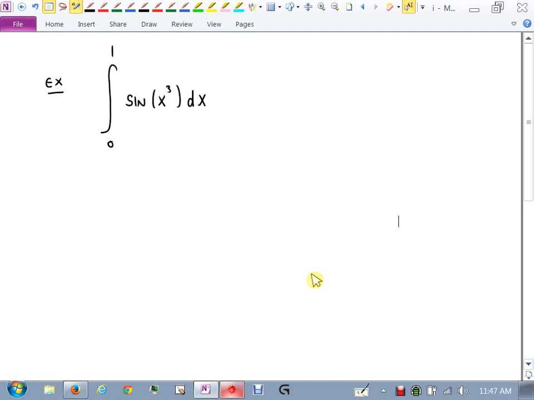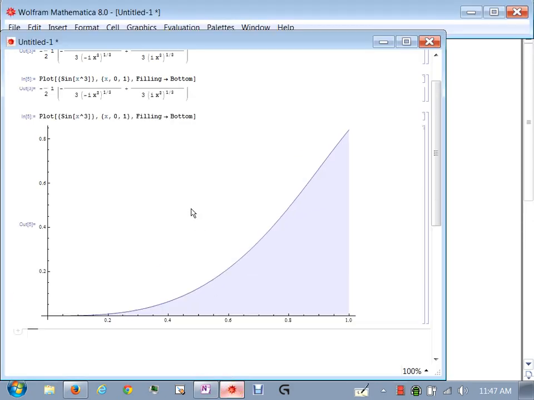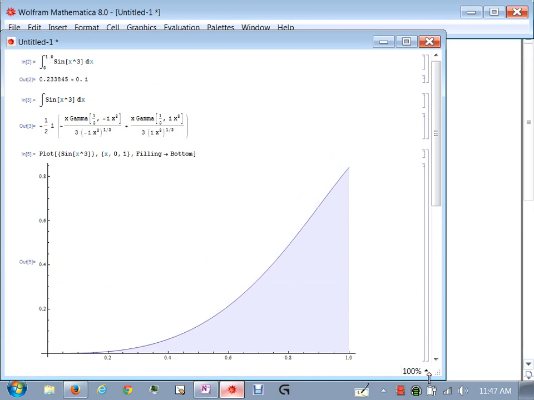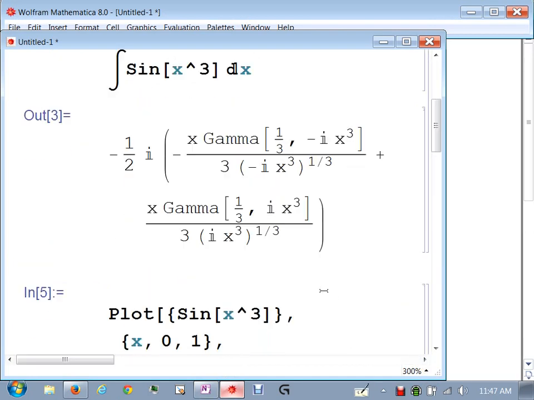We start going through them, substitution, integration by parts, trying different things, and we quickly realize that there's nothing we're going to be able to do. In fact, when I put it into Mathematica, here's what it gives me as the general antiderivative of sine of x cubed: negative 1/2, that's i, the imaginary unit, times negative x times the gamma function with parameters 1/3 and negative i x cubed.